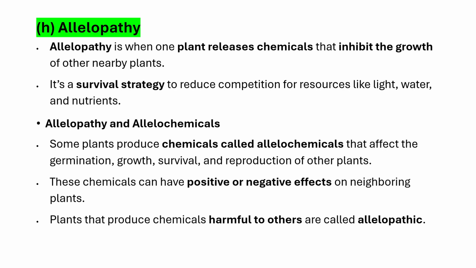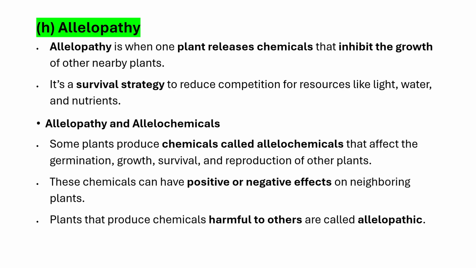It's a survival strategy for that plant, because it reduces competition. It gets the water, light, and nutrients on its own, because there's no surrounding plant, as the chemicals have already inhibited the growth of the other plants or killed them.